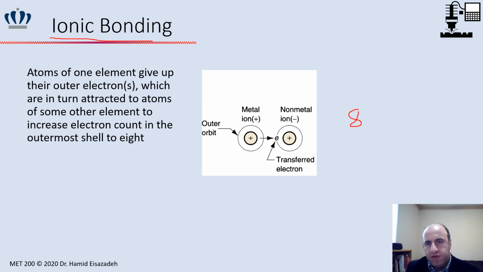So what happens is, this element, this metal, transfers electrons to this atom, and then this atom will have 8 electrons in the outermost shell, and this one, which was a giver, gets a plus sign, and the other one, which is a receiver, gets a negative sign.